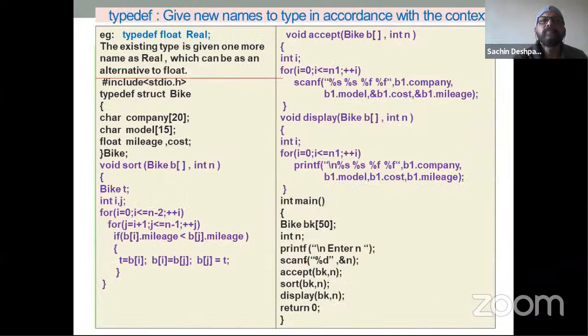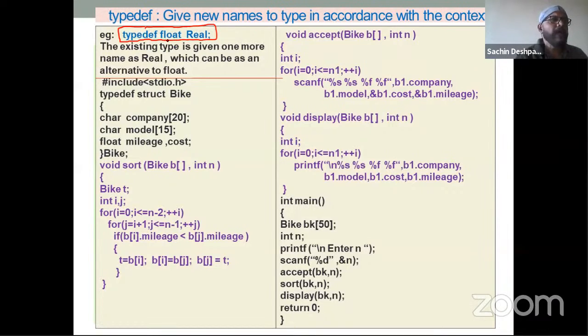And typedef again is one of the very useful utilities, and it can be regarded as an attempt to give one more name to an existing data type, which is float.